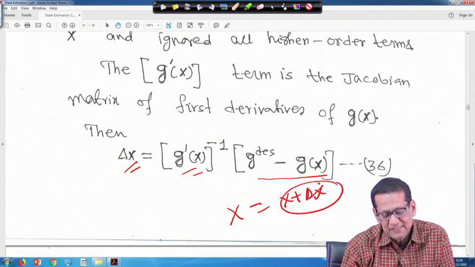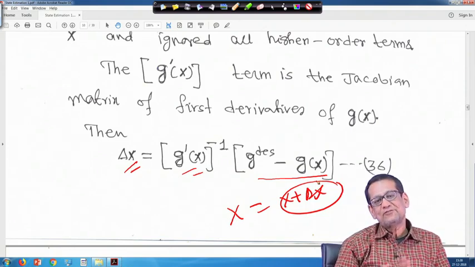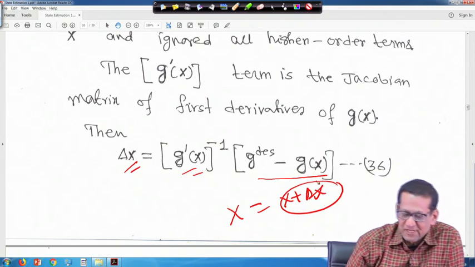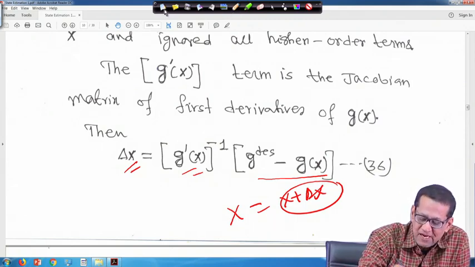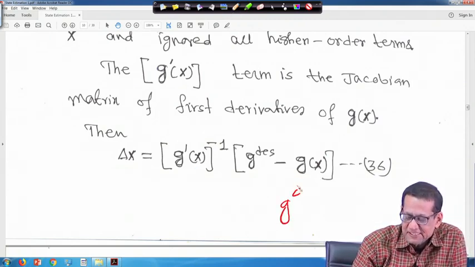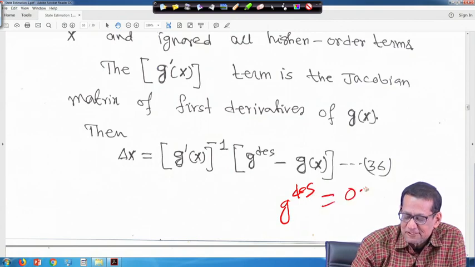Later we will see that we have to force the gradient to become 0 iteratively. Say our g desired is equal to 0.